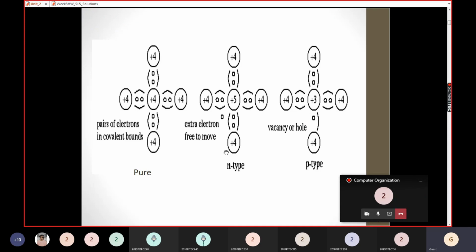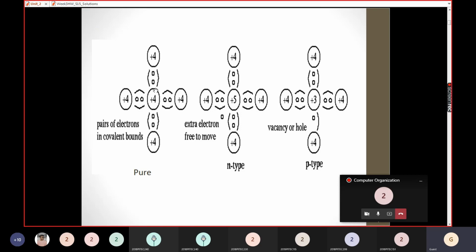That's what they have represented in the pure semiconductor. No holes and no electrons are unbonded. You can see it is represented by +4, which means 4 electrons and 4 holes, all bonded with respect to each other.